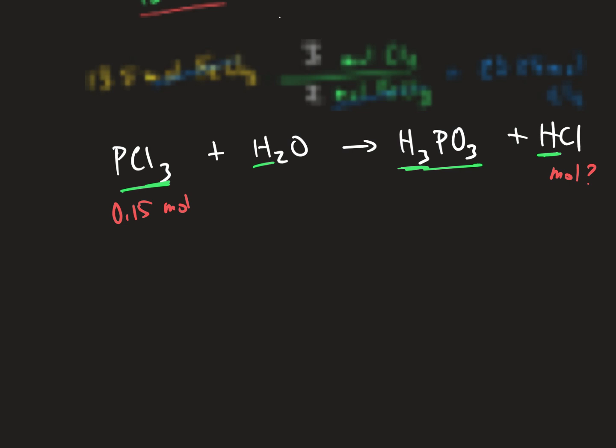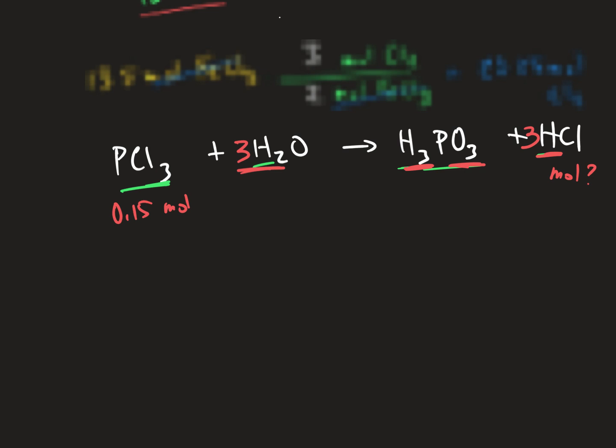Good? So if we start with oxygen, there's 3 on the right, so we put a 3 right there. You follow? And that gives us 6 hydrogens on the left. We have 3 here and only 1 here, so we have to put a 3 right there to make sure that we have 6 on the right.